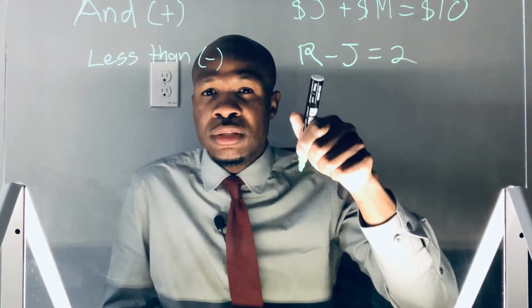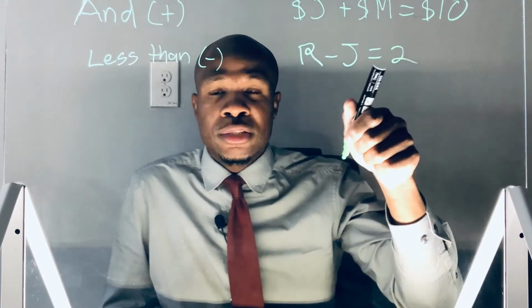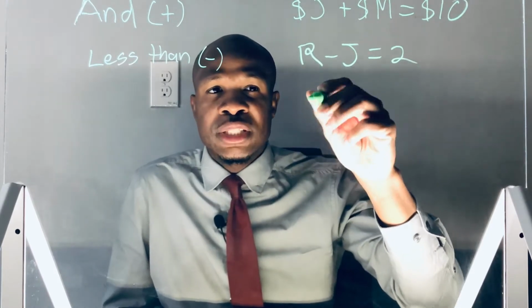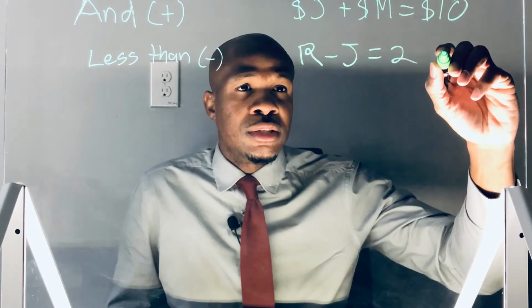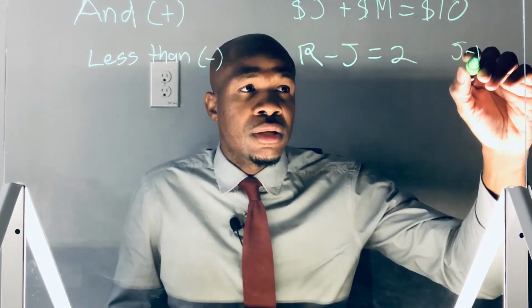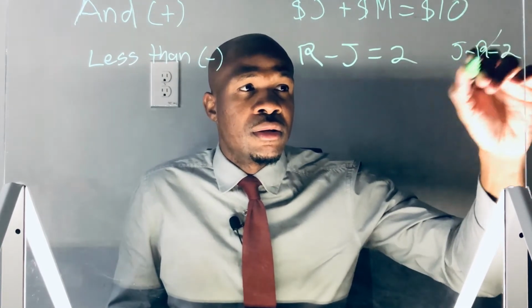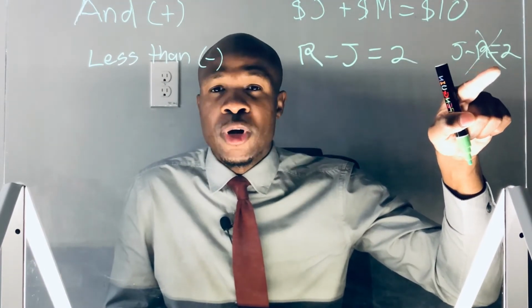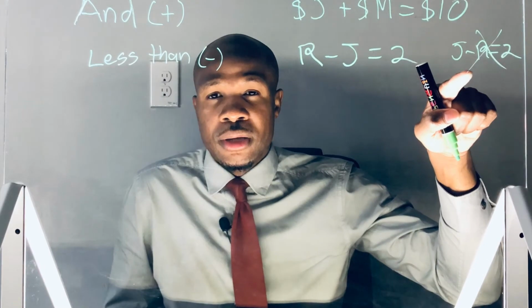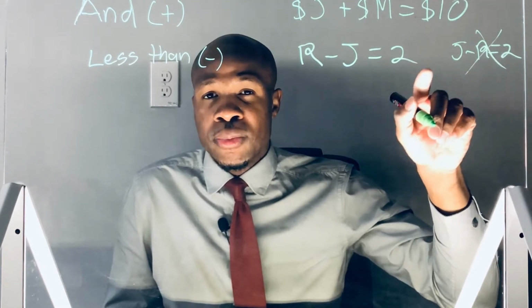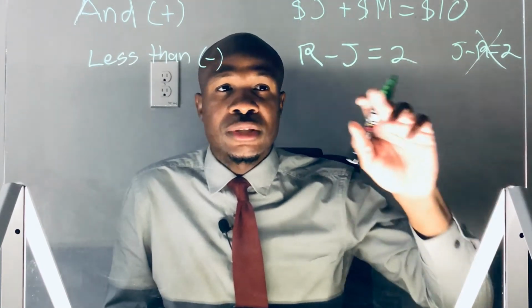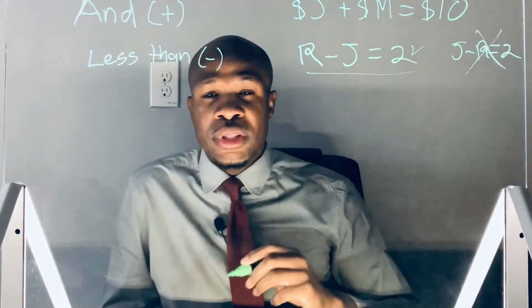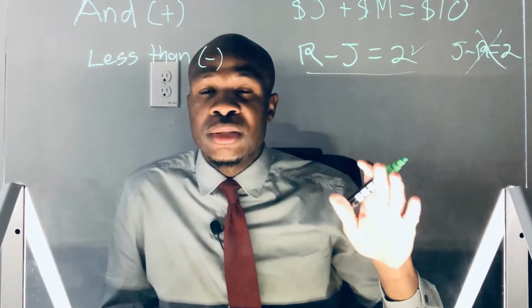This is how you write "Jerome has 2 marbles less than Rick", because it's very easy to go J minus R is 2, which would be wrong, because this is saying that Jerome has 2 marbles more than Rick, but I said Jerome has 2 marbles less than Rick, so R minus J is 2 would be the correct answer here. Okay, and be careful not to make that mistake.